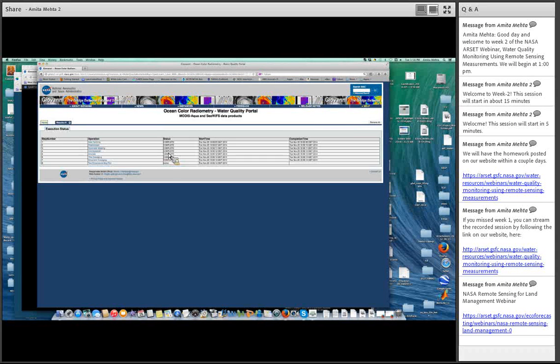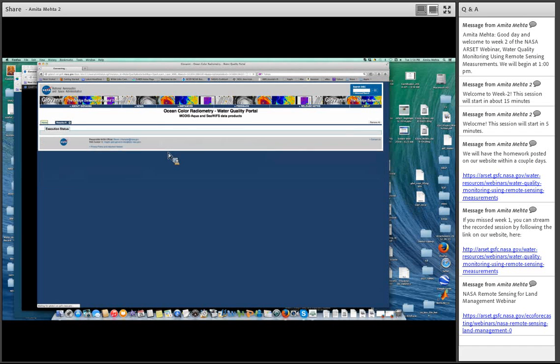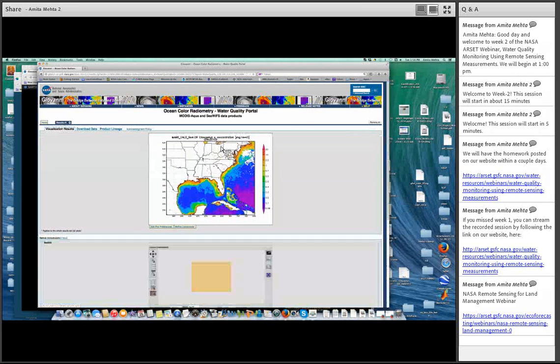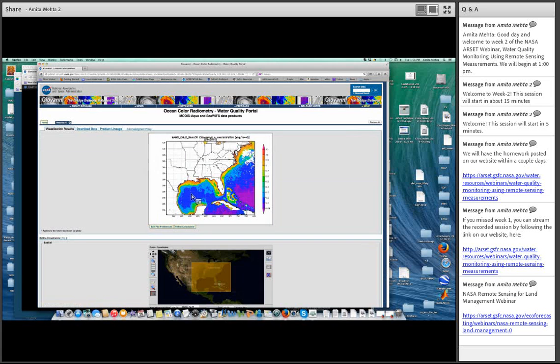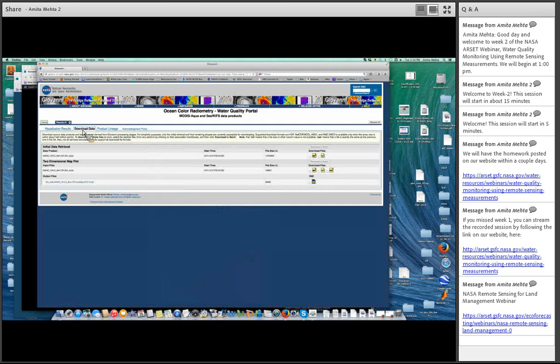This particular plot is at 9-kilometer resolution, and it shows a change in chlorophyll concentration over this region. Once this is created, there is a way to download data. So visualization and analysis can be done, and then data can be downloaded.